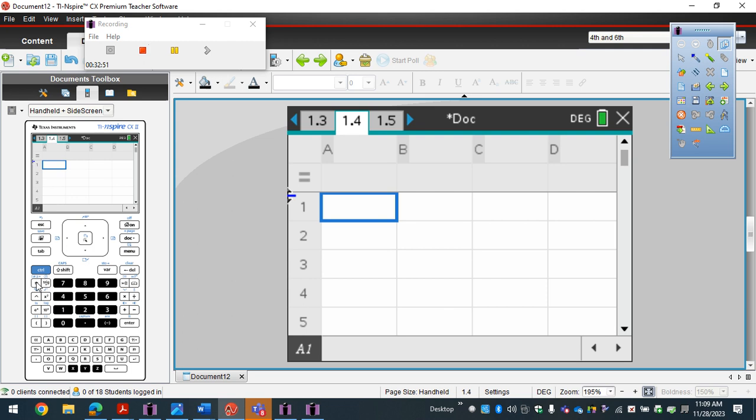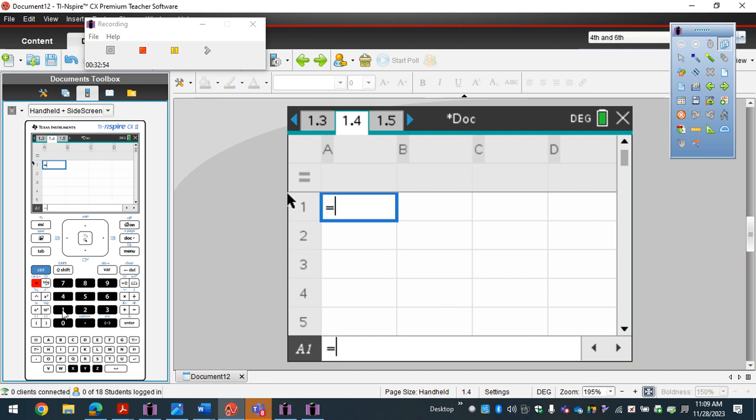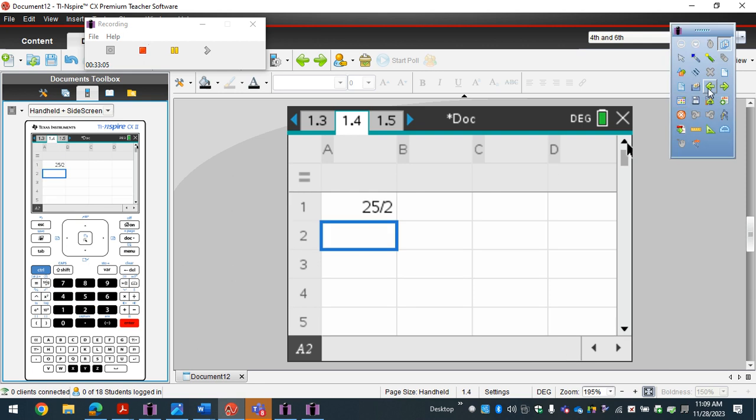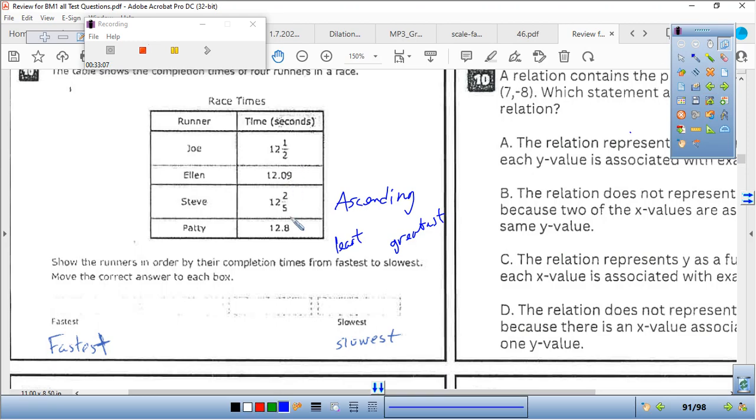and equals 12, and I'm going to go with plus the fraction of a half, right? Double check. 12 and a half, 12.09, and then 12.